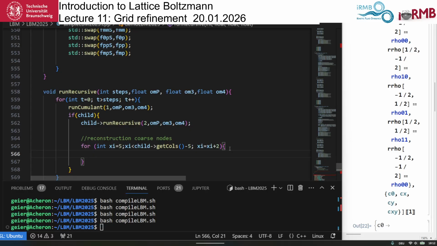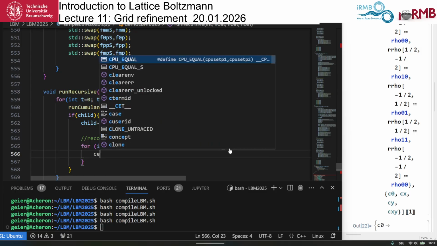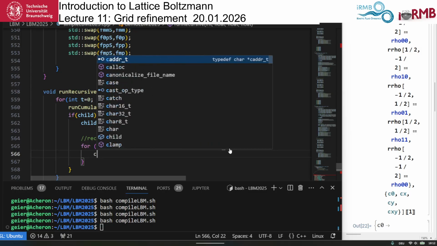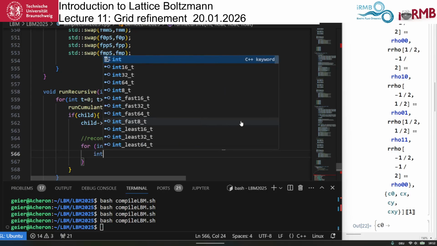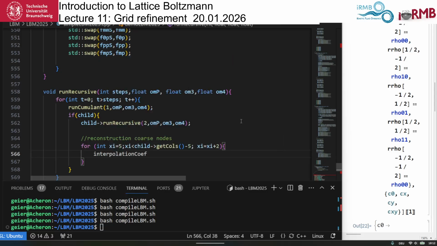So then we have to get these coefficients. We have called them the interpolation coefficients.